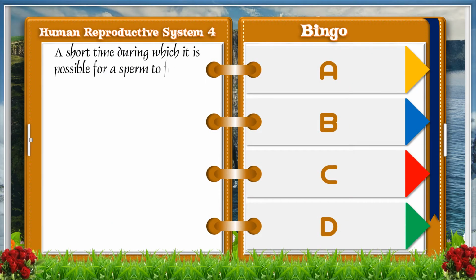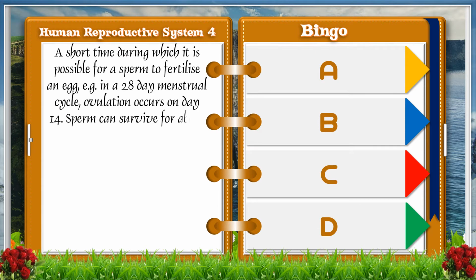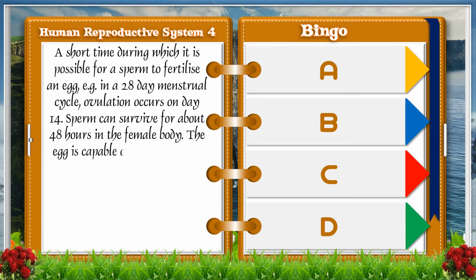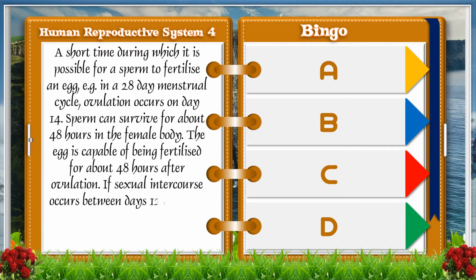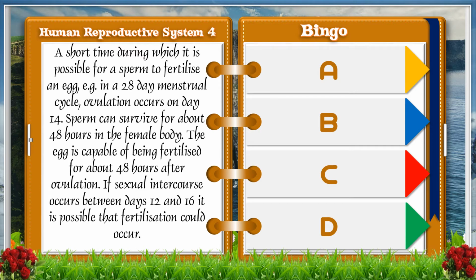A short time during which it is possible for a sperm to fertilize an egg. For example, in a 28-day menstrual cycle, ovulation occurs on day 14. Sperm can survive for about 48 hours in the female body.